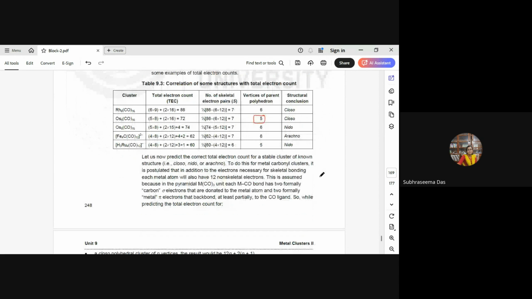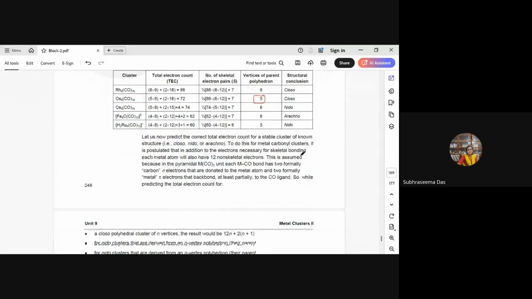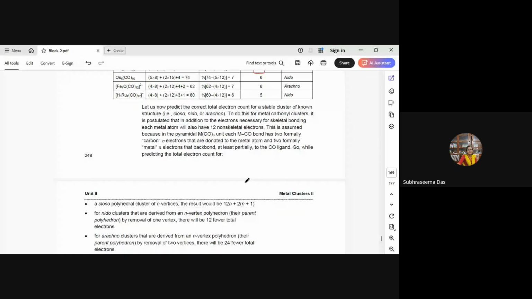Then the number of skeletal electron pairs is given as 86 minus 6 into 12, and half of that is 7. So the vertices of the parent polyhedron is 5 and the number of electron pairs is 7, so this is closo. This is how we predict the correct total electron count for closo, nido, or arachno structure based on Wade's rules.